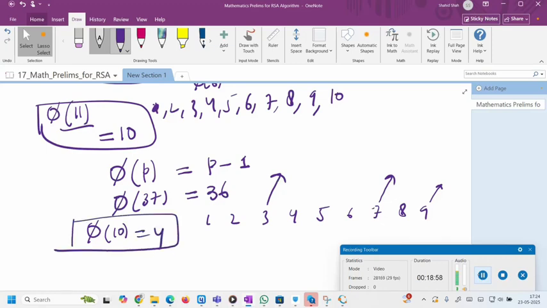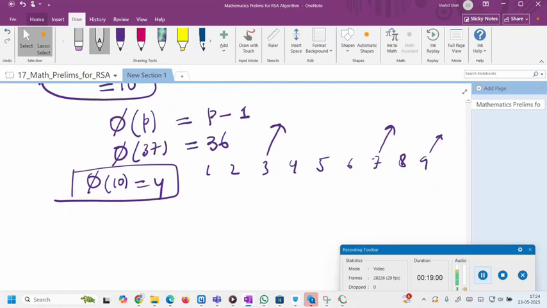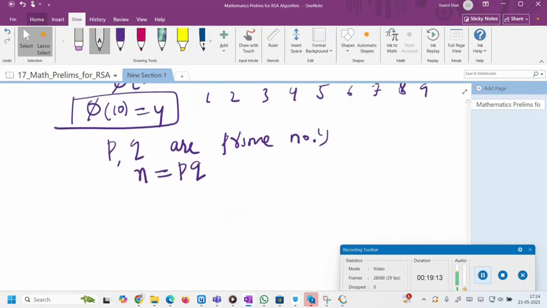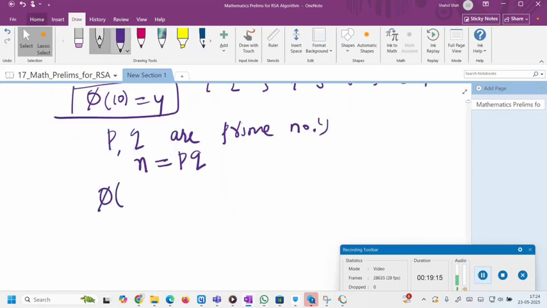Okay, so this is the totient function, and there is a very important result. Suppose p and q are prime numbers, and let's say n is equal to p times q. Then the totient function phi of n will be equal to the product of the totient functions of each prime number.